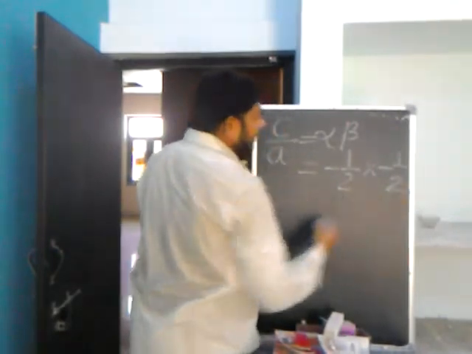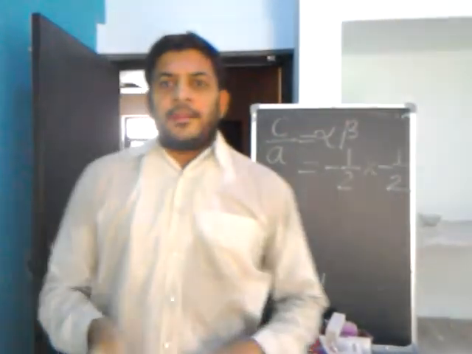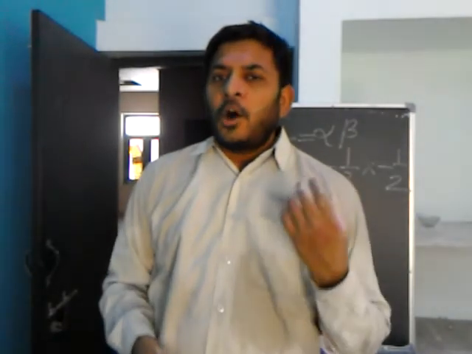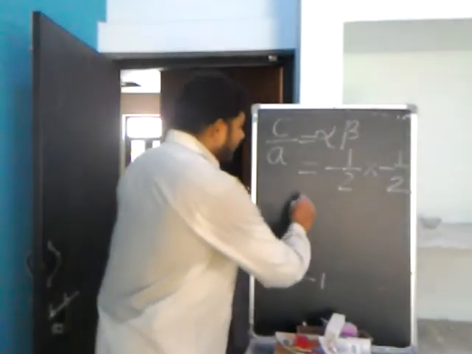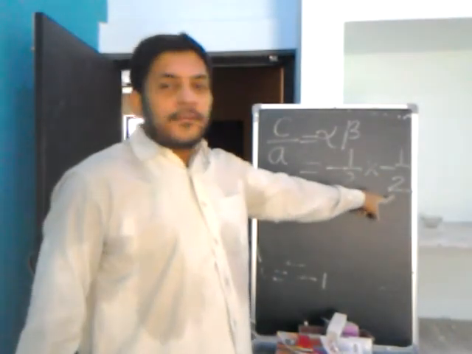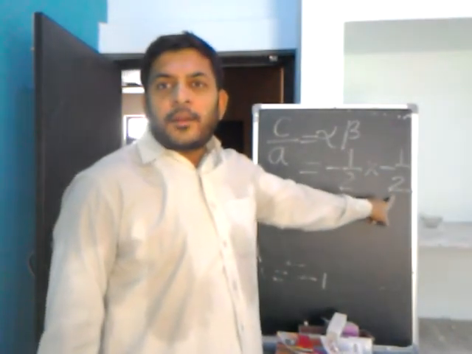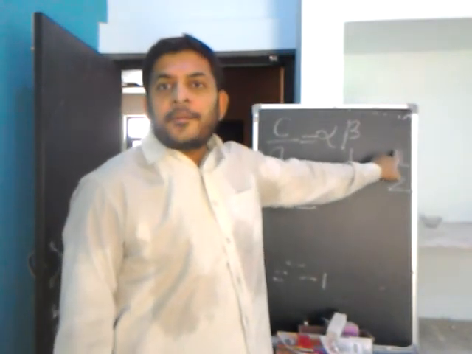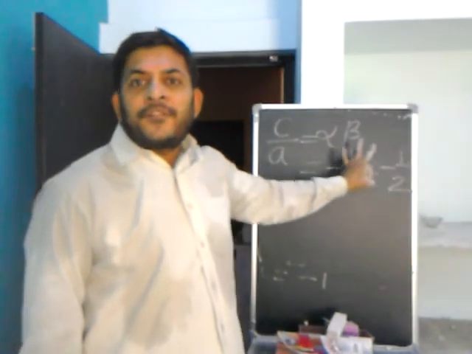Both are negative, and a negative integer multiplied by a negative integer always comes in the form of a positive integer. But the numerator and denominator cannot be divided by the same number. So what will we do?